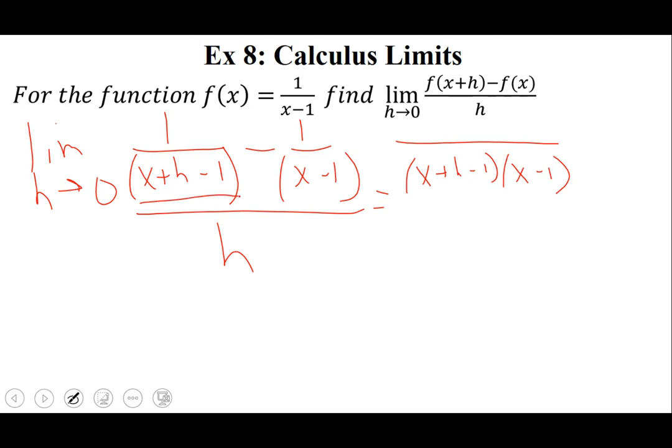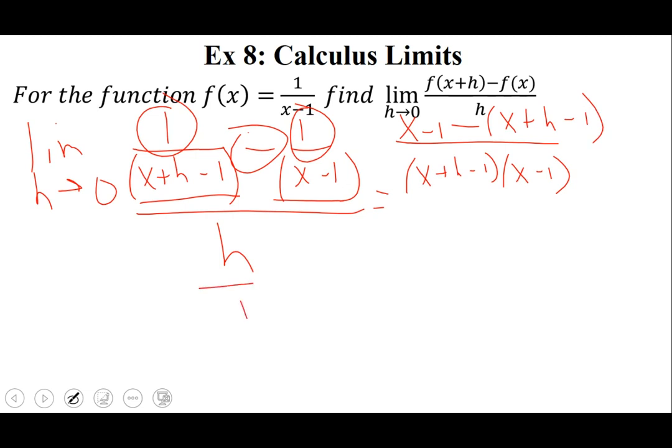If you multiply this x plus h minus 1 times x minus 1, that means this becomes x minus 1. Big fat minus here, don't forget. In order to take this x minus 1 and turn it into a common denominator, you're going to have to multiply this times x plus h minus 1, and you're going to have to make sure that you distribute that minus. Remember, this is technically h over 1.